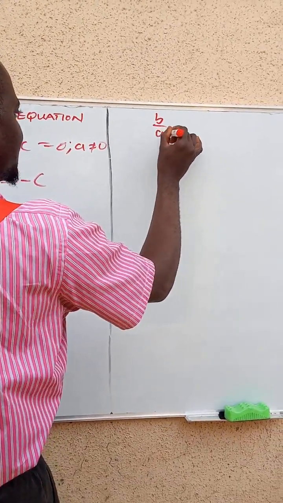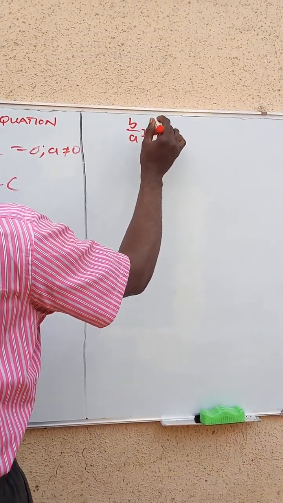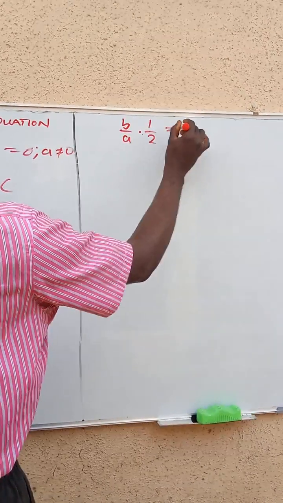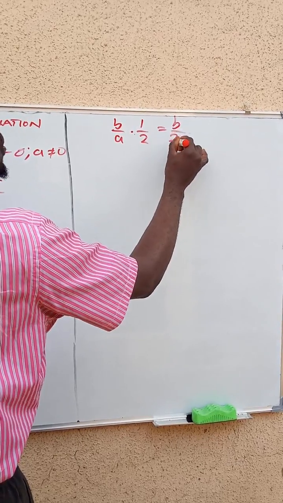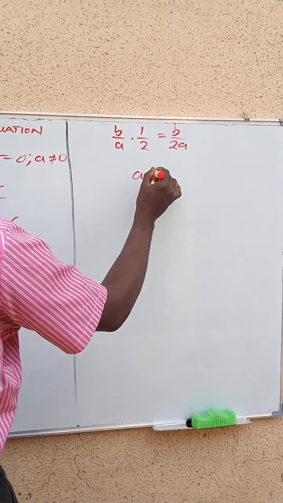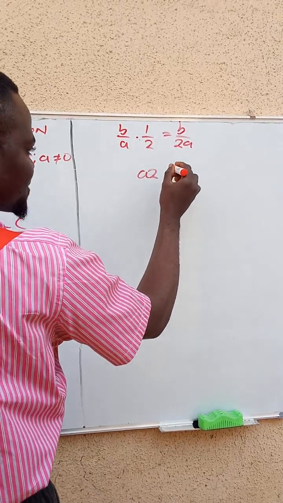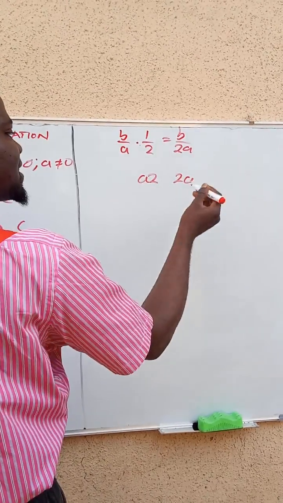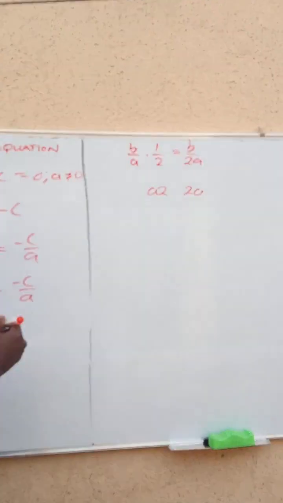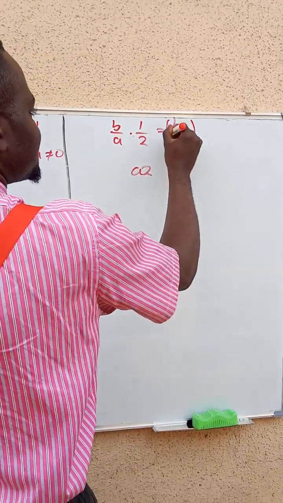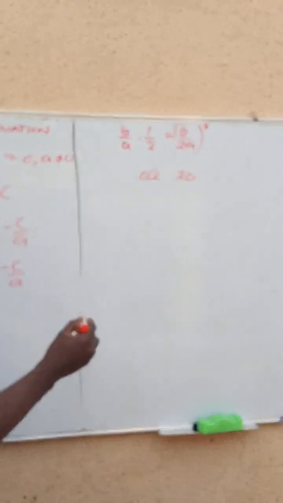The coefficient is b over a, multiplied by 1 over 2, which is b over 2a. Remember, it can be written a2, but multiplication is commutative, so 2a is the same thing. But let the number come before the alphabet. So we have b over 2a. The square of it is this. Add it to both sides of the equation.